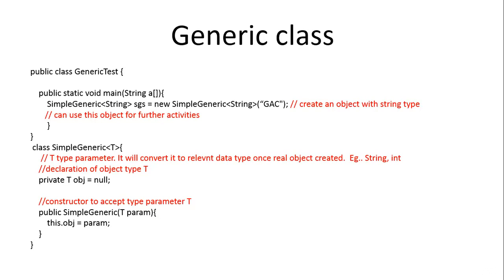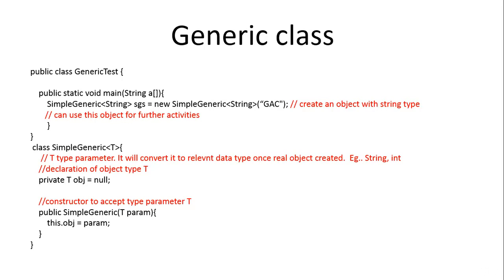We can go to the public class GenericTest, and inside the main method we have a SimpleGeneric object created, and it is type-safe to String. So you can see SimpleGeneric<String> sgs. You can see the syntax in this line.